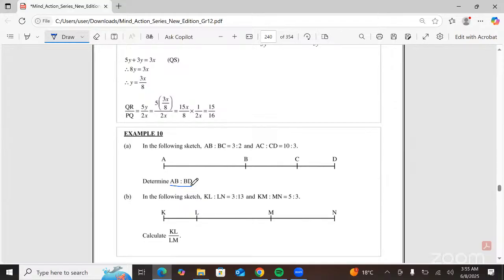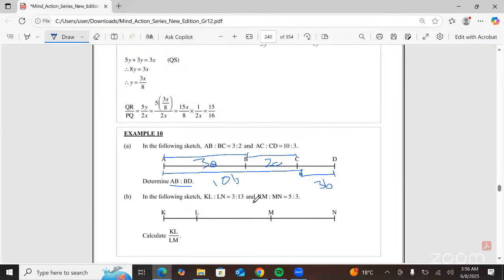They tell us AB is 3A, BC is 2A, AC is 10B, and CD is 3B.